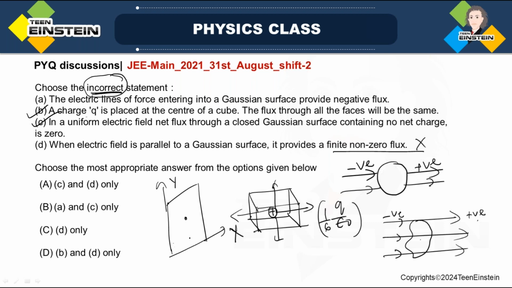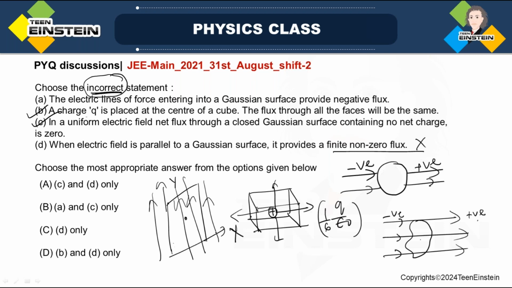in the XY plane, suppose your electric field line is actually parallel to this. That means the electric field lines are going like this. So this will be tangential to the surface. Flux means the field line should pass across.